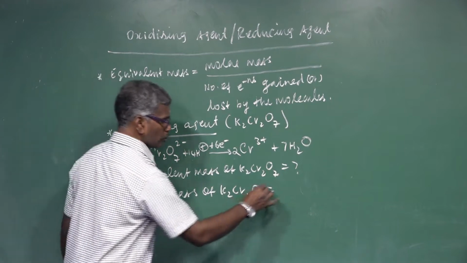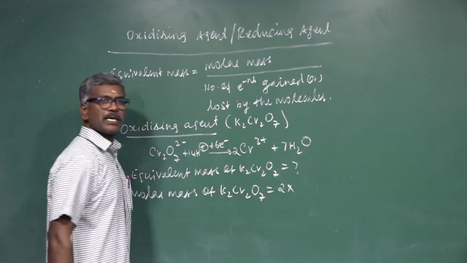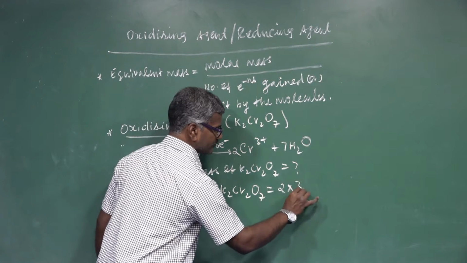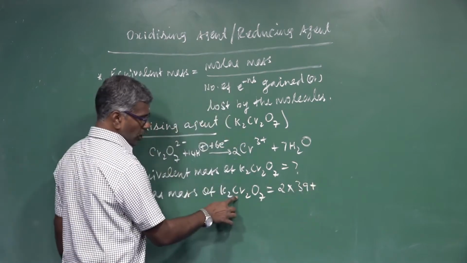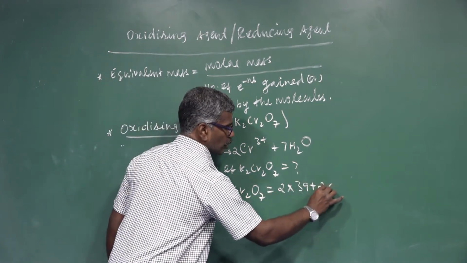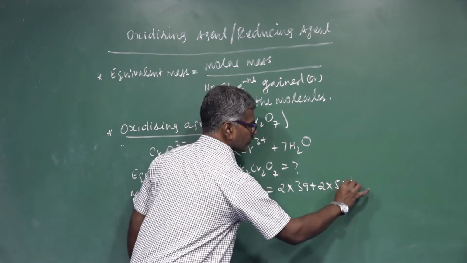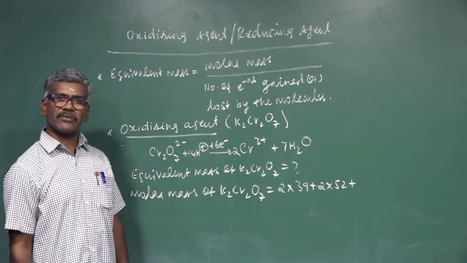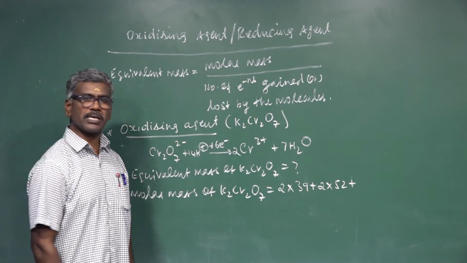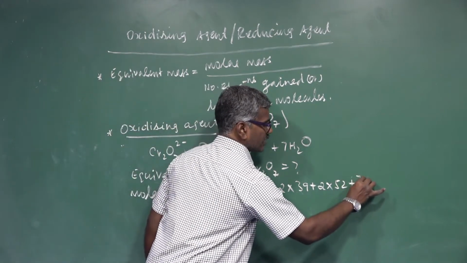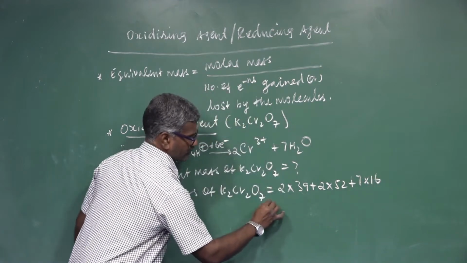Common potassium, 2 potassium. Potassium molar mass 39. Common chromium, 2 chromium, 2 into chromium molar mass 52. Common oxygen, 7 oxygen, oxygen molar mass 16. 7 into 16.